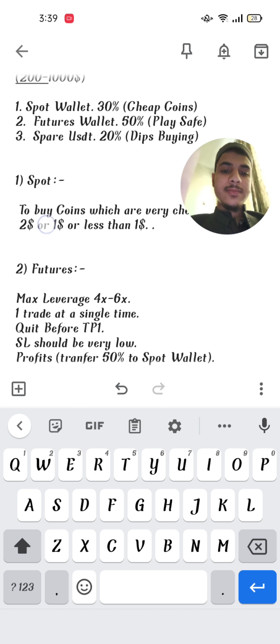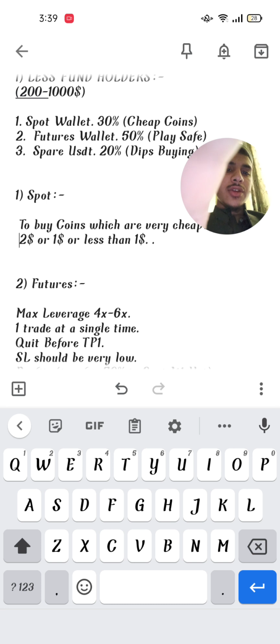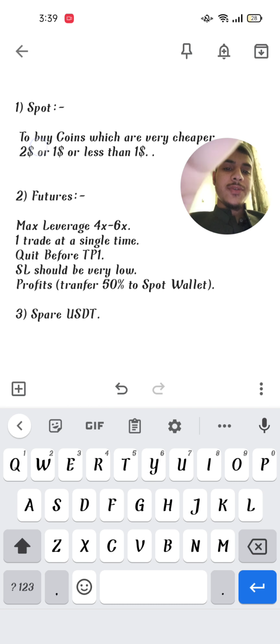Fine. Second thing, futures. In futures, you will have to keep 50%, and you will have to play safe because you have very little funds, $500 or 400 or 300, depending upon your portfolio.